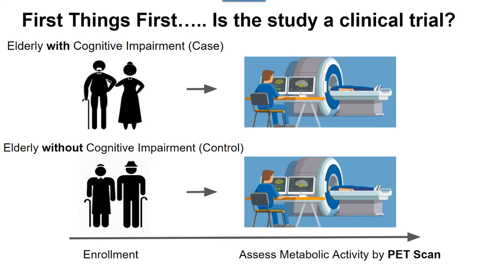So PET scan in this example is just the observational tool, not the intervention, because you're not assessing the effect of PET scan in this study. Therefore, it does not meet any of the previous definitions of clinical trial set by NIH, FDA, and ICMJE. So it does not require ct.gov registration.